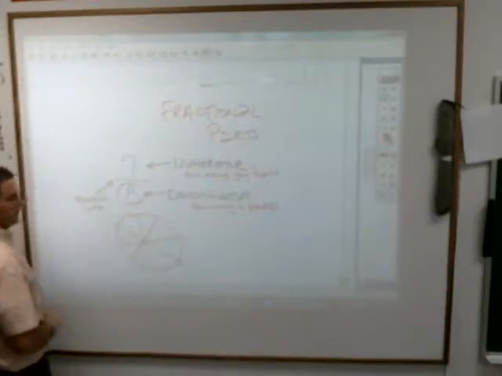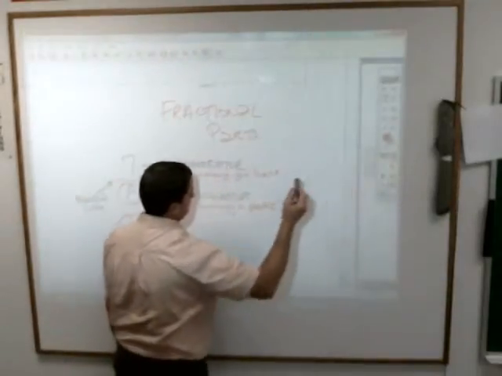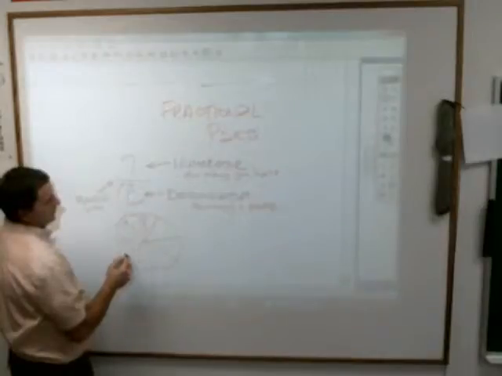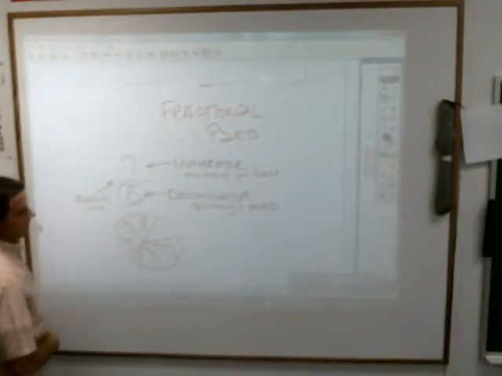Try to get them as equal as possible. You eat 7 of them. 1, 2, 3, 4, 5, 6, 7. That would be 7/8 of your pizza. Now that's kind of 5th and 6th grade stuff, so what we do talk about is this.